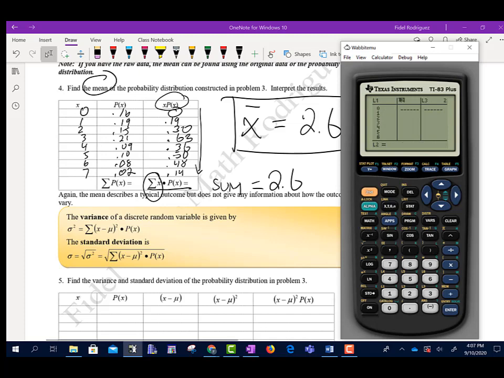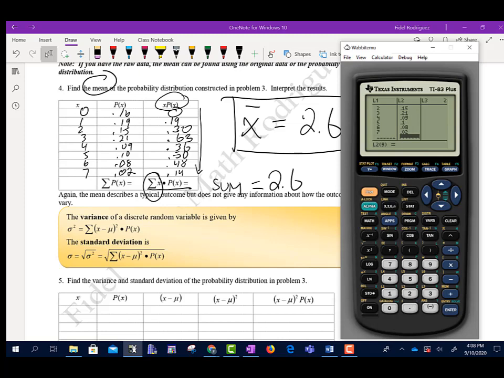First, 0.16, enter. 0.19, enter. 0.15, enter. 0.21, enter. 0.09, enter. 0.10, 0.08, and 0.02.